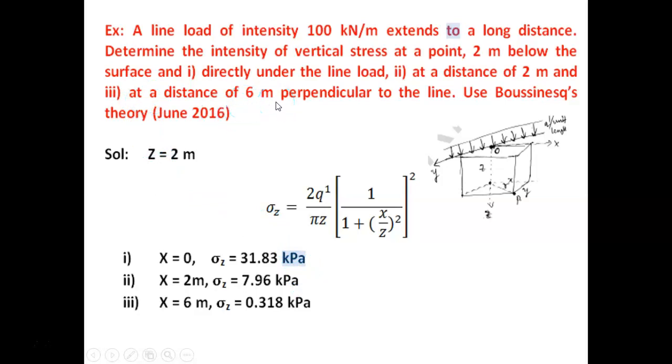That is X value equal to 6 meter. So when you take X equal to 6 meter in the equation, we will get the increase in stress as 0.318 kilonewton per meter square. So from this we can observe that as the horizontal distance increases, the vertical stress decreases.